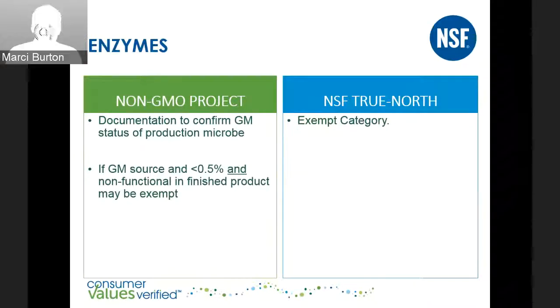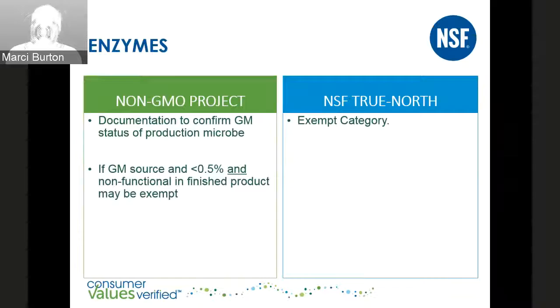And then for enzymes with the Non-GMO Project, we need to get documentation to confirm the GM status of the production microbe. So if the production microbe is non-GMO, then the enzyme is considered low risk and nothing more is needed. But if that enzyme is sourced from a GM production microorganism, then it's not allowed in the product unless it's 0.5% of the finished product and not functional in the finished product.